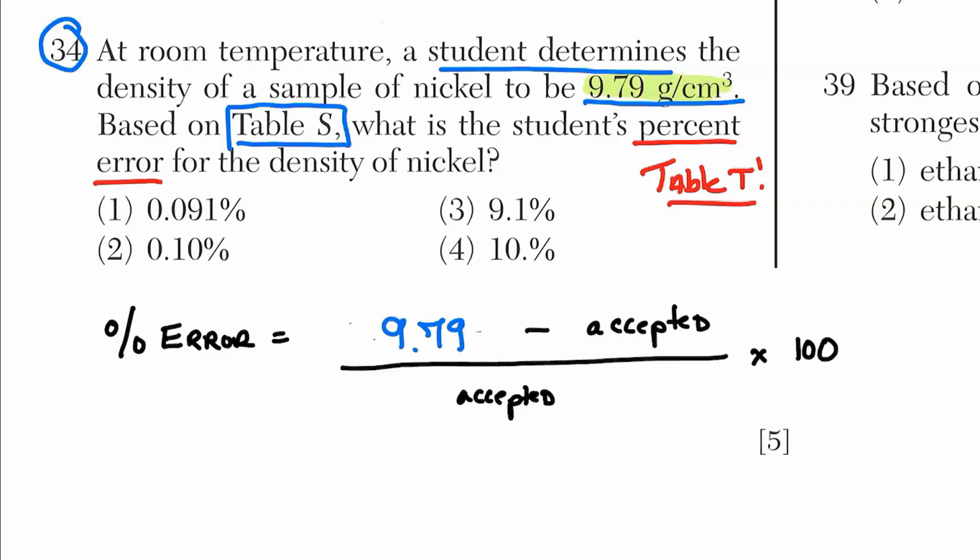Now we need the accepted, and if you forgot, Table S gives us a bunch of things: atomic radius, melting and boiling points, electronegativity, ionization energy, and also density. That's what we're looking for. We're looking for the density value of nickel. So let's go find that in Table S.